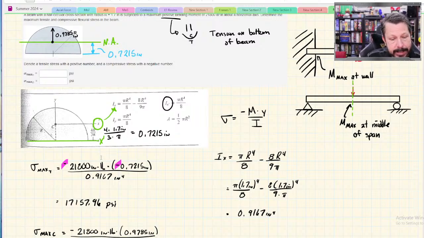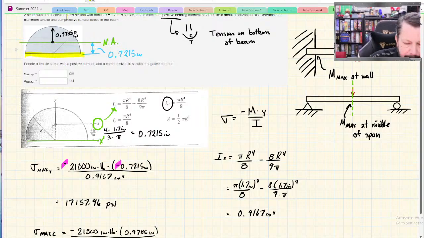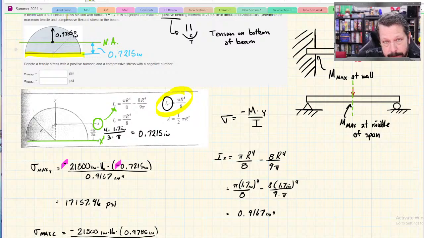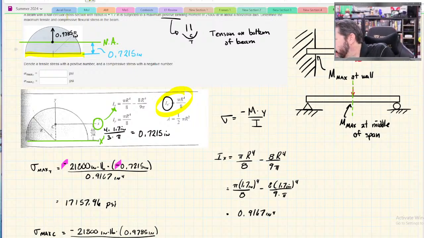In this case, with this semicircle, if we had said calculate the moment of inertia about the diameter, the flat part, that line, then we could have used that equation, because that equation is relative to that line. But if you're doing flexural stress, then you have to use the moment of inertia about the neutral axis. So for 15.1, it asks us for about the x-axis.